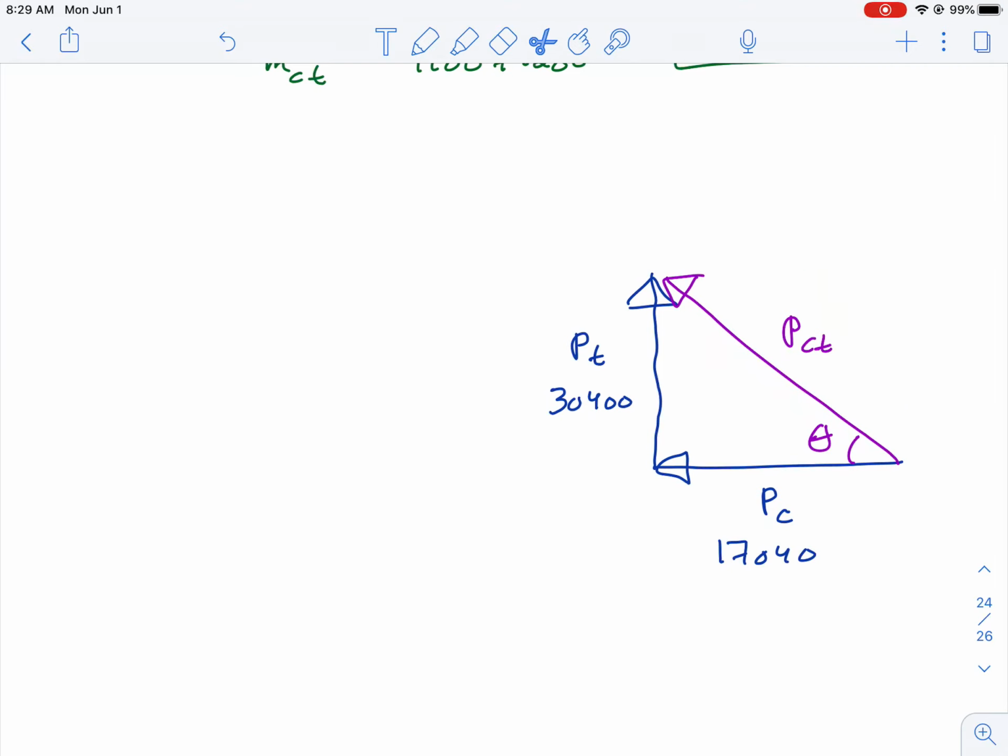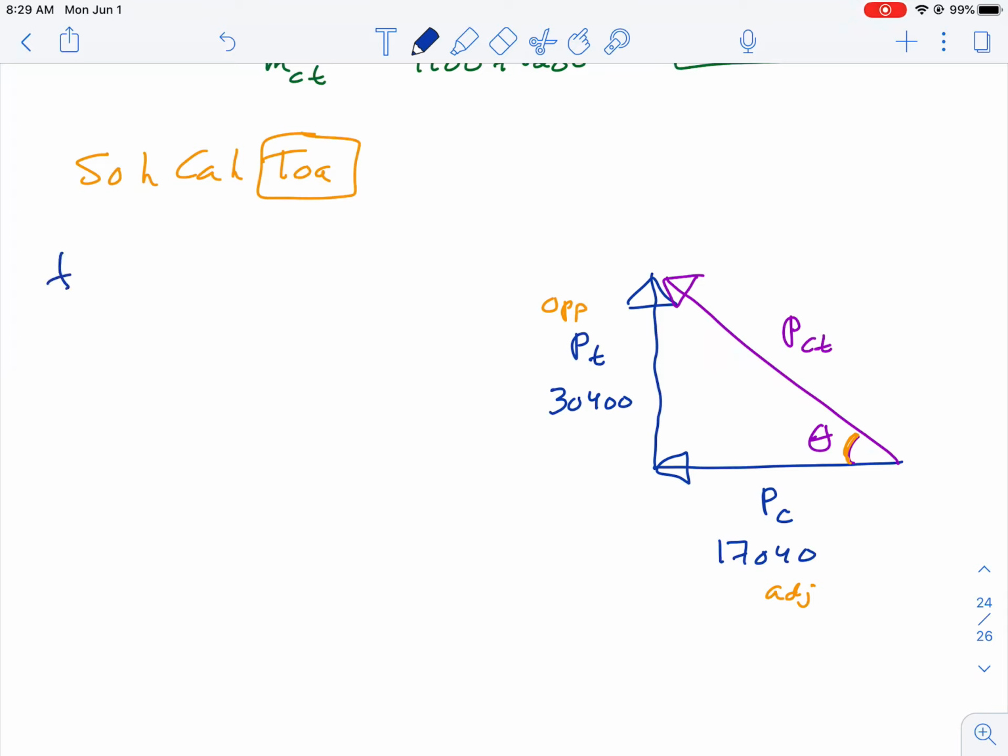Okay, now we need to figure out the angle theta. And if I just put up here at the top, SOHCAHTOA, relative to the angle here, can you see that P of the truck is going to be the opposite, further side, not touching the angle, and P of the car would be the adjacent, like this. So because we have O and A, that's going to represent tan.